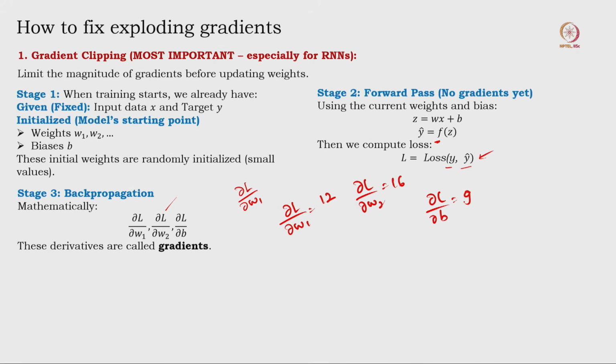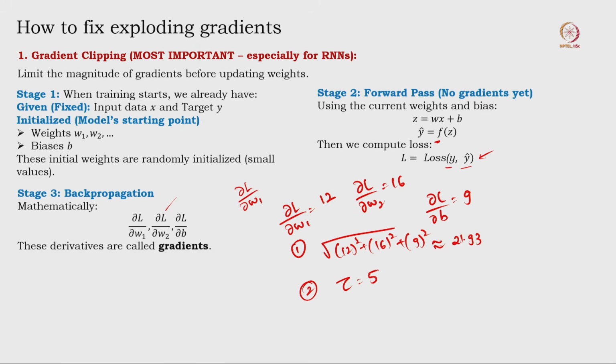Let us assume this. The very first step is to calculate the norm, the square root of the sum of squares. When you compute this, you will get approximately 21.93. This is the first step. What is the second step? Fix a threshold.